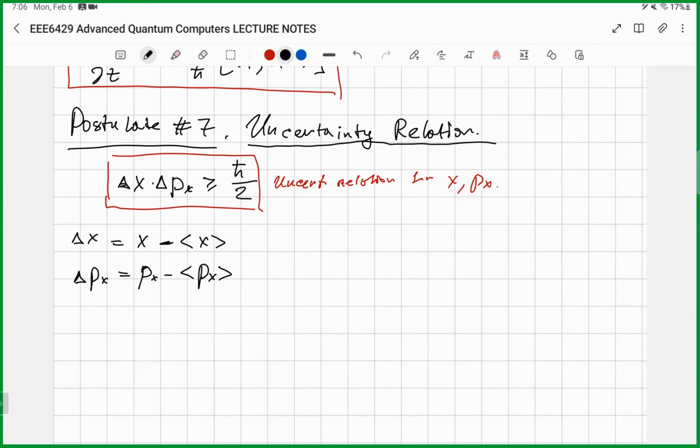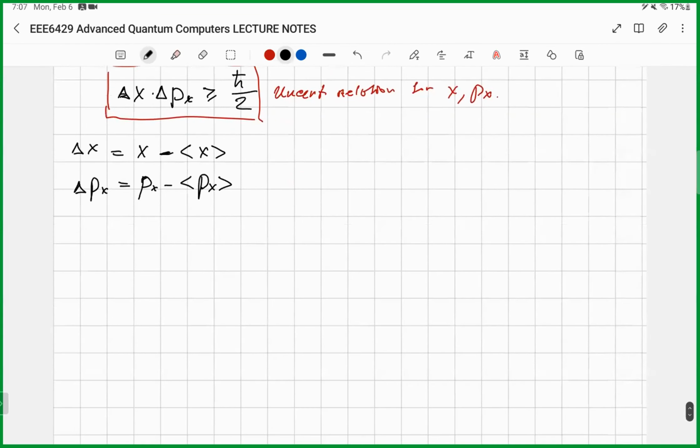So for example, how can you imagine this situation? You have a screen with a slit like this, and a particle that travels towards this screen. If the particle passes through the screen, you say that your particle is located within this slit size, this delta x.